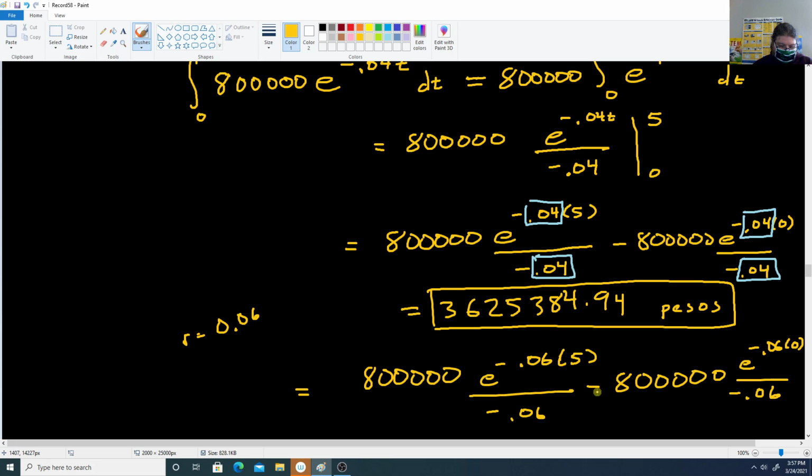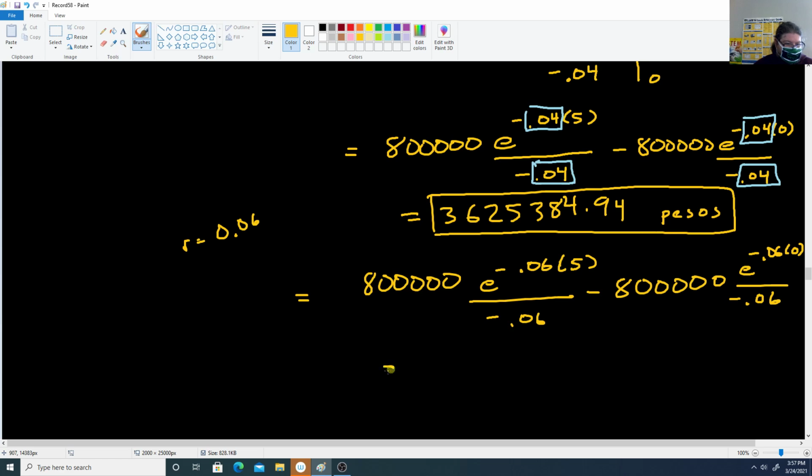So let me swap that out in what I typed into my calculator real quick. And then we'll see what the present value of the income stream is at the higher interest rate. And so when we do that, we get this would equal 345,557.06 pesos.